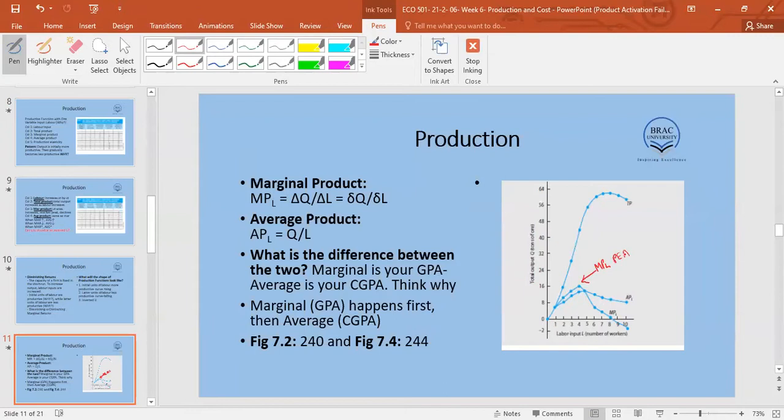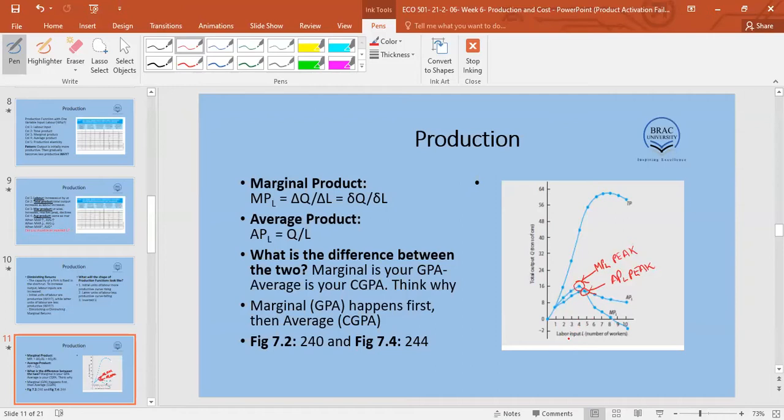Once we know GPA, only then at the end of the semester can we calculate APL. Now do you get the logic? Marginal peaks first at this point. When will we know that? We'll know that at the end of the next unit that marginal is a peak.